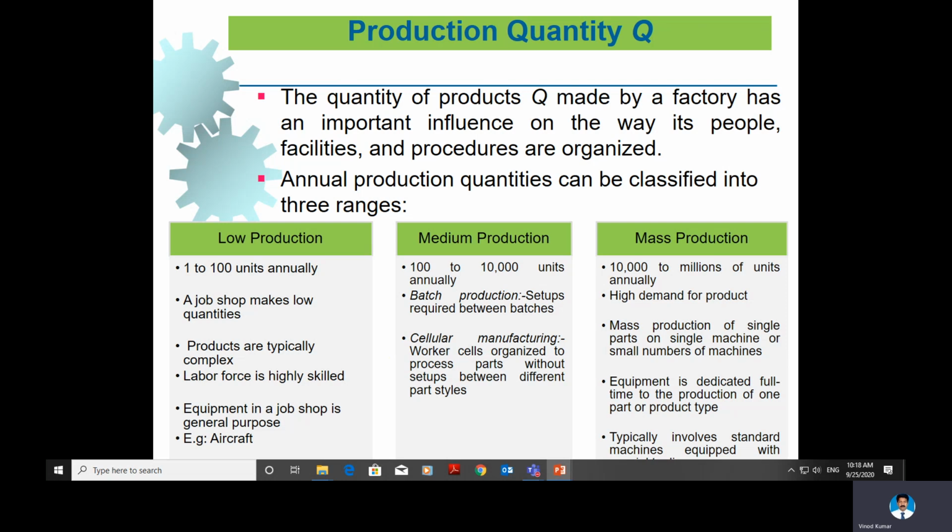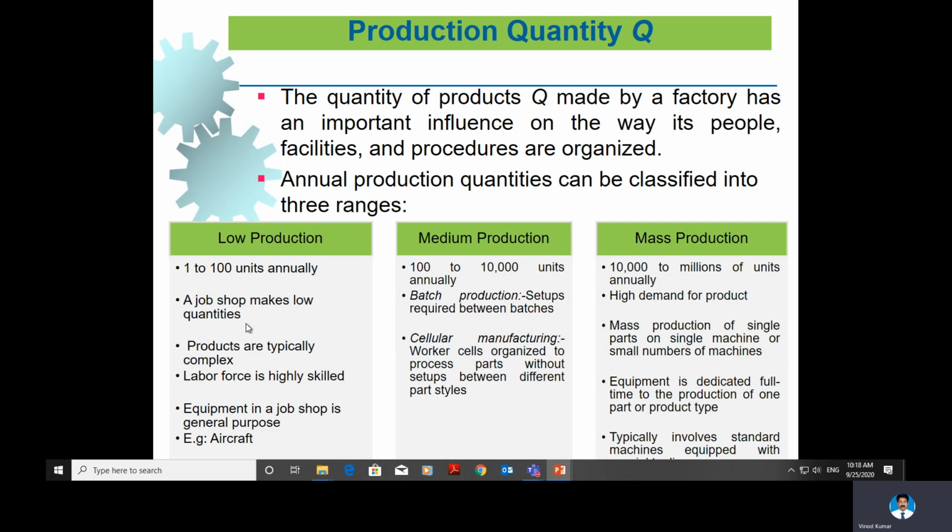Now we talk about production quantity. How many units can be produced by a company depends on the type of company. We have three categories: low production, medium production, and mass production companies. Low production, or job order, companies normally produce fewer than 100 units annually, for example aircraft industries. So the labor force should be highly skilled, and the products are normally very complicated.